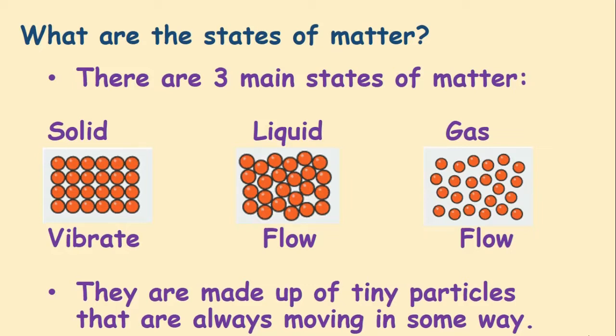That means that they are not in straight lines, they are kind of all over the place. The difference between liquid and gas particles is that liquid particles still touch each other, whereas gas particles are spread out.